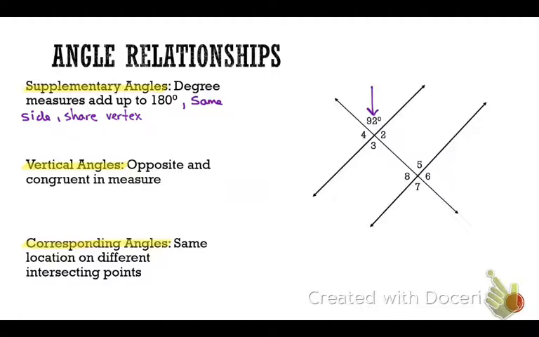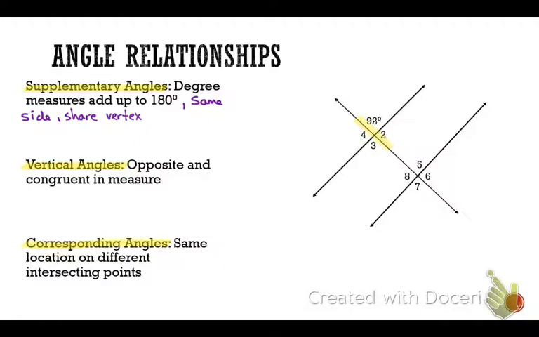Let's talk for a minute about adjacent supplementary angles before we move on. Okay? They have to be on the same side of a line. Okay, so do you see how angles 3 and 4 are both on the same side of that line? And they also share a vertex, meaning that they're touching. They share that common side. So that means that their measurements have to add up to 180.